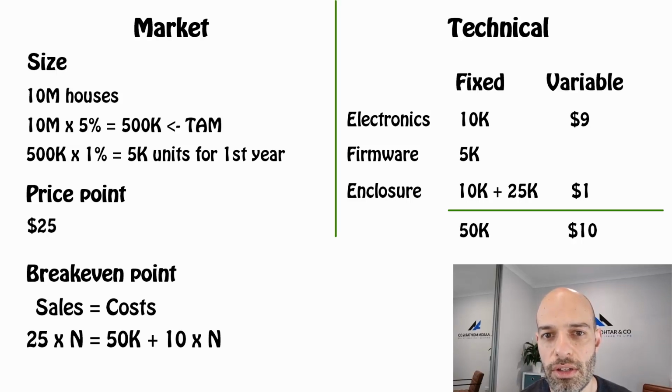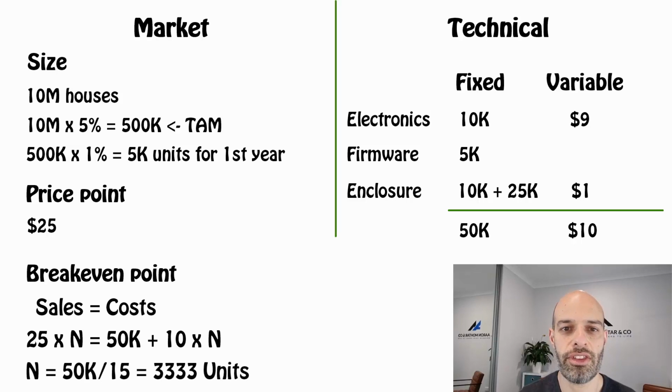We find out the number of units that we need to make to break even is 3,333 units, which according to our market assumption is that we would sell it in the first year. So far this is looking positive.